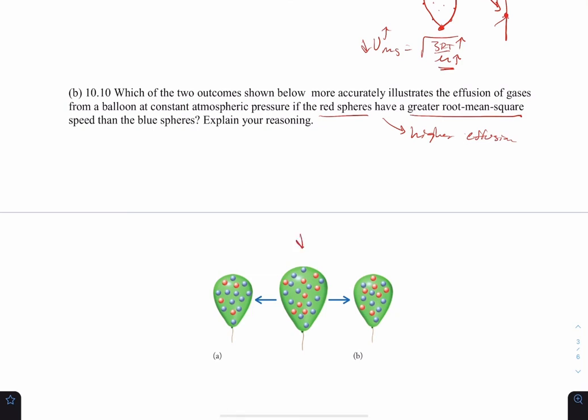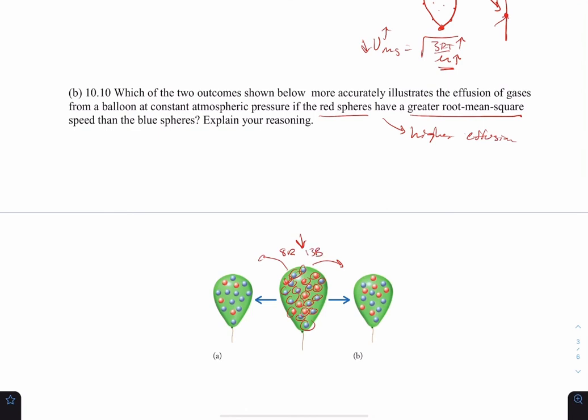So if I'm beginning here and deciding between situation 1 or situation 2, I'm going to look at the situation where red spheres have decreased significantly more than the blue spheres have. Let me count: I've got 8 red here, and 13 blue.